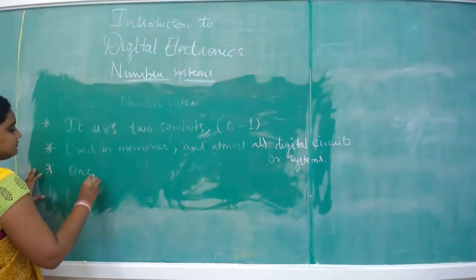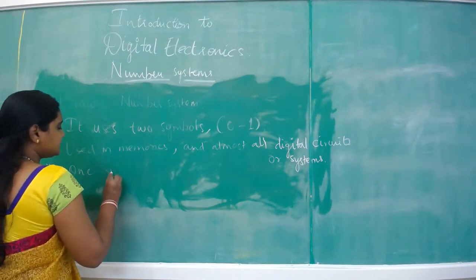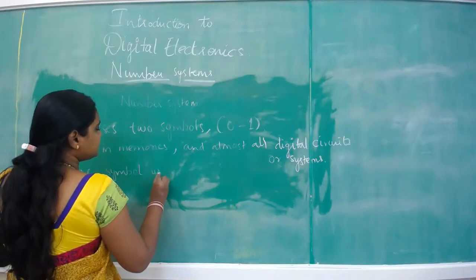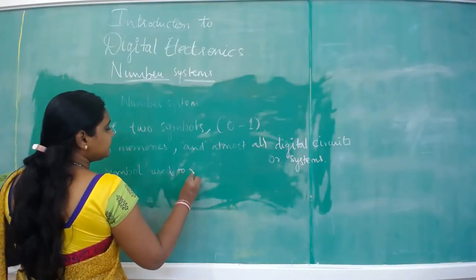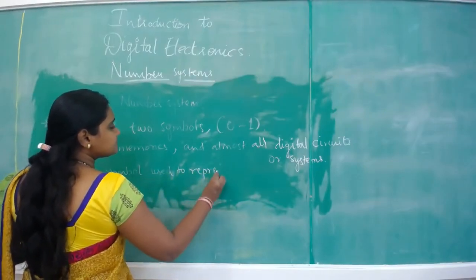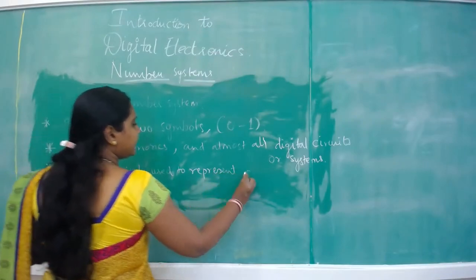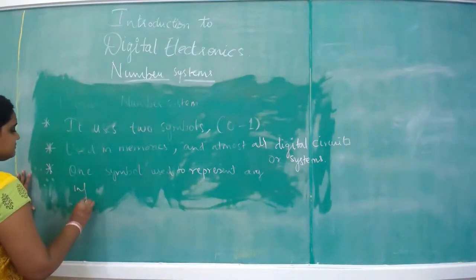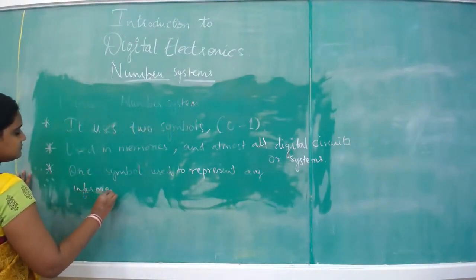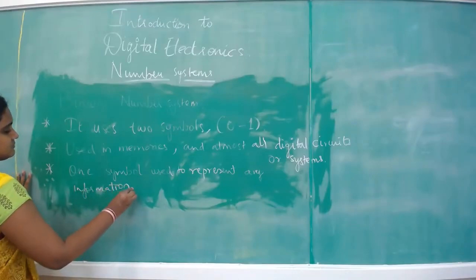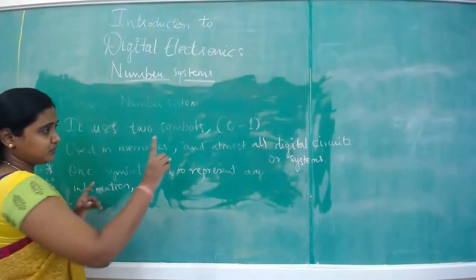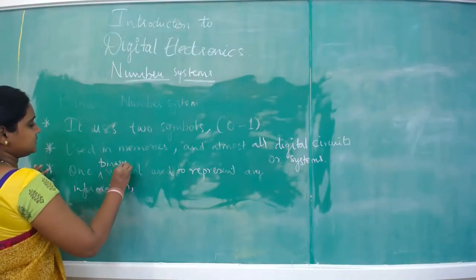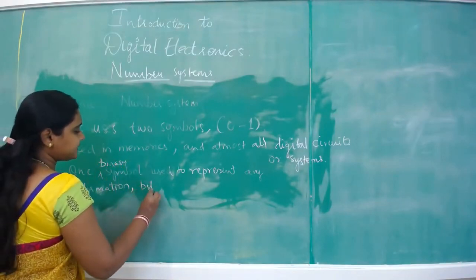One symbol used to represent any information. Okay, only one symbol, one binary symbol, then it is called a bit.